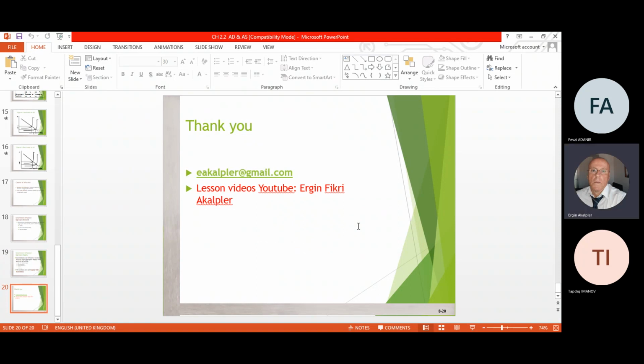Today I introduced to you aggregate demand and aggregate supply, a little bit from the Keynesian, a little bit from the classical. Step by step, as I said to you, I will start to give you some more models and some more calculations to see how these models and parameters are affecting and changing, and how the economy is affected if the tax policy or the government policy is changed.